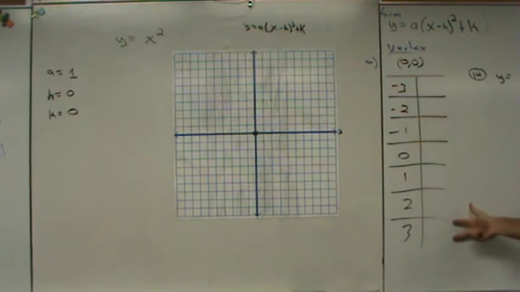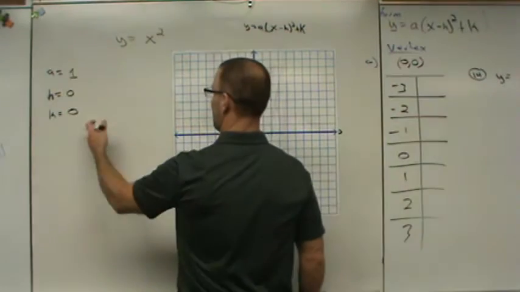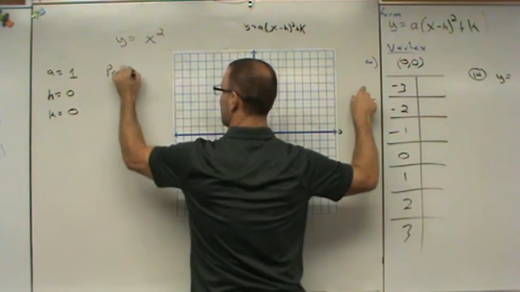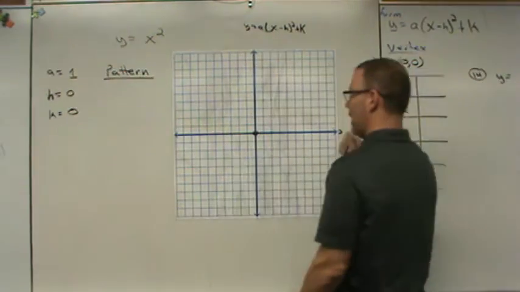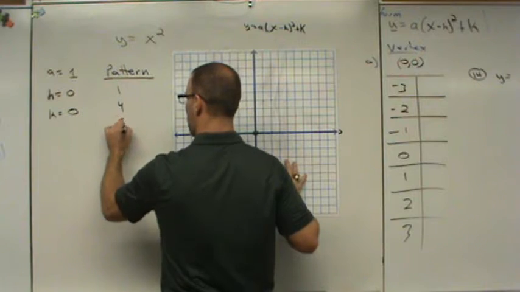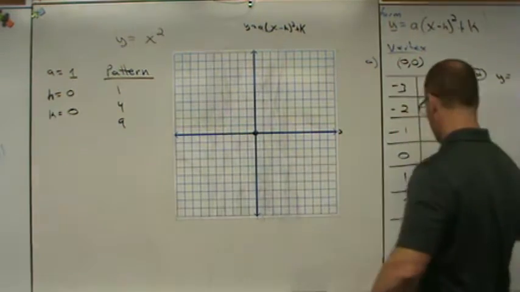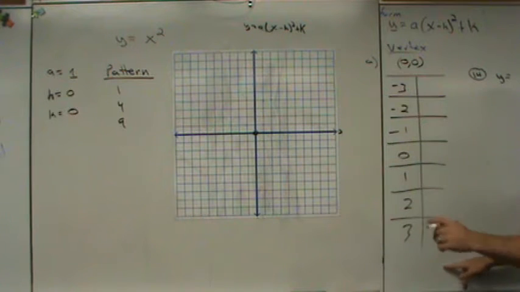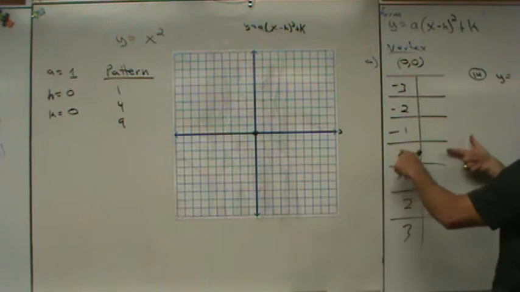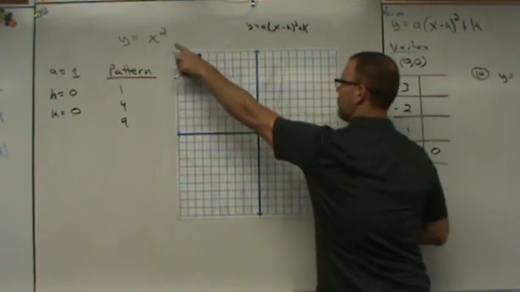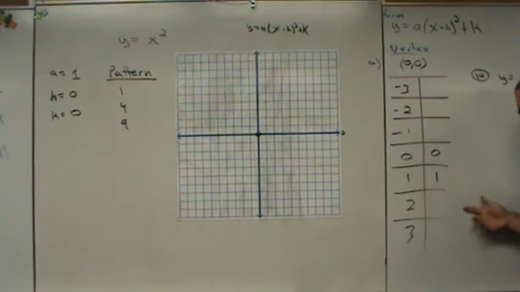All right, what about the table? Well, that table is going to be based off of my output pattern that I discover. Normally, it's 1, 4, 9. Why is that a normal 1, 4, 9 pattern? Well, look at the table they give me. My vertex is 0, 0. If I input 1 into the function, 1 squared is 1, so my output is 1.